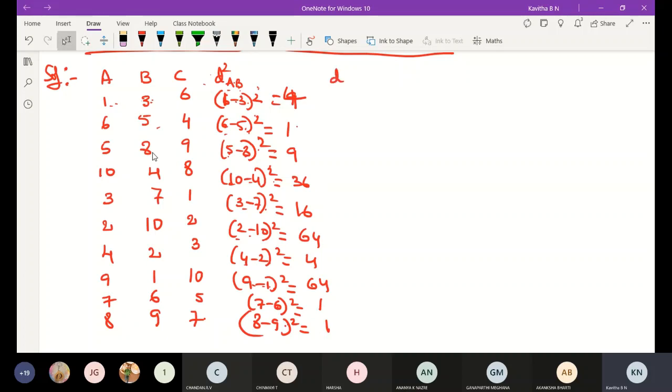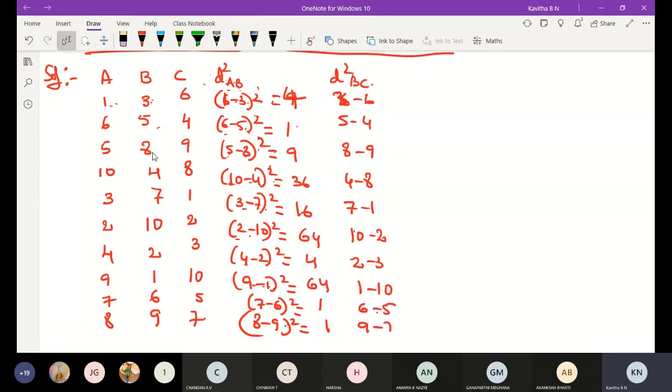Okay, then next D square BC find out. D square BC find out here. 3 minus 6, 5 minus 4, 8 minus 9, 4 minus 8, 7 minus 1, 10 minus 2, and 2 minus 3, and 1 minus 10, and 6 minus 5, and 9 minus 7.